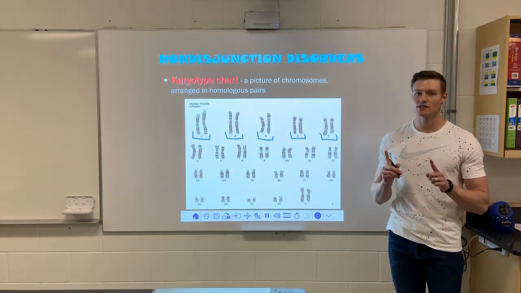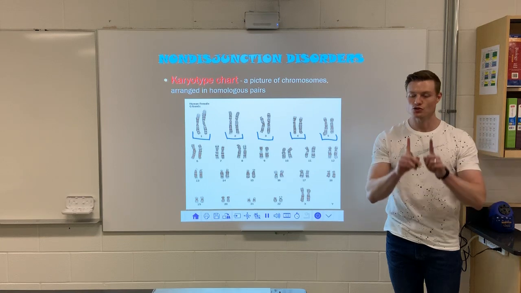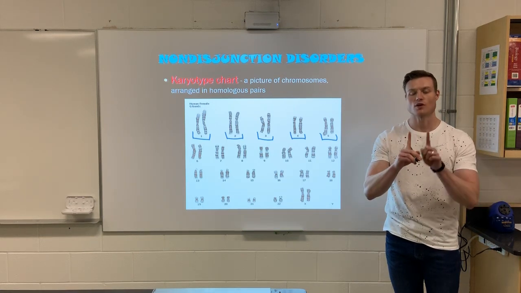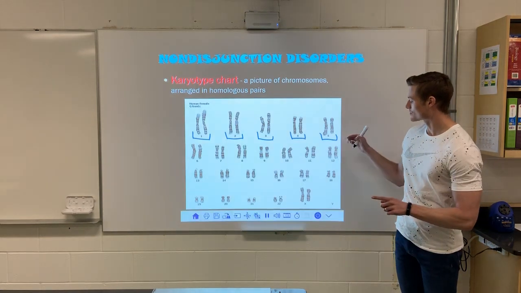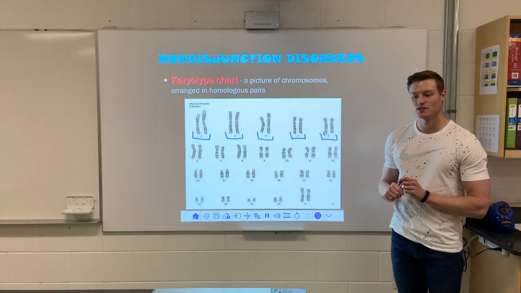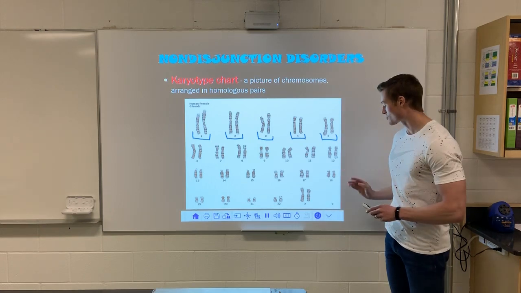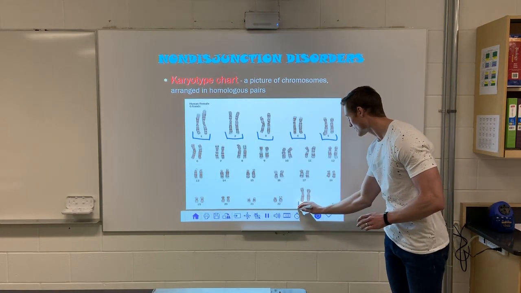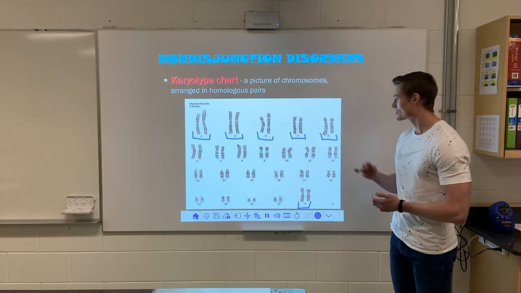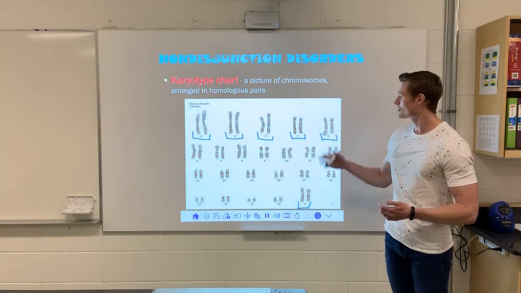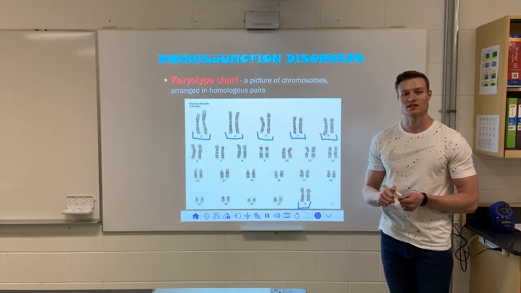And in each seat, you'll always have 2 chromosomes, one from mom, one from dad. So every seat here is full with 2 chromosomes. The last seat would be your sex chromosomes, either XY or XX. In this case, it's an XX, so this would be a female with a normal amount, 46 chromosomes.